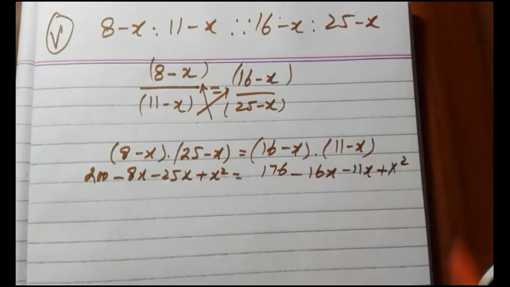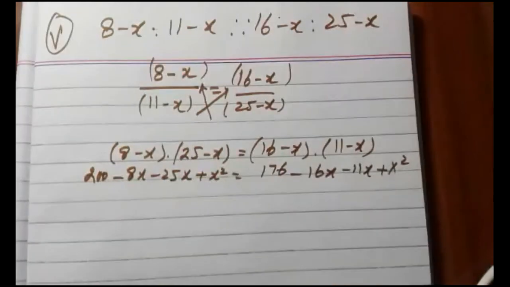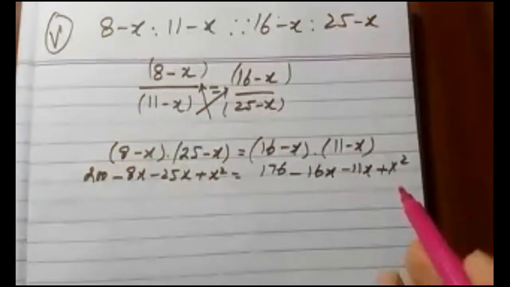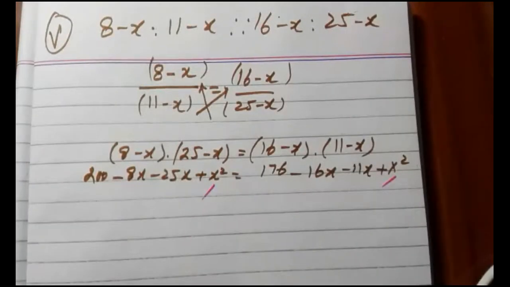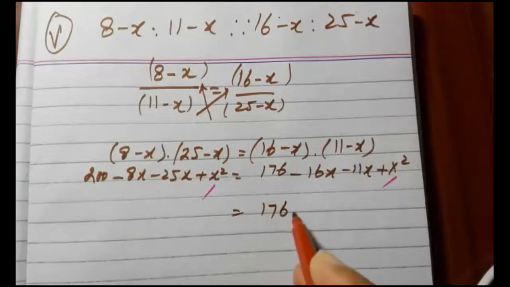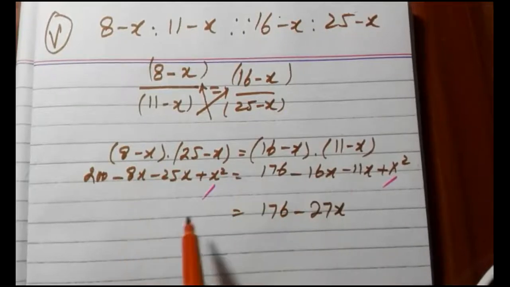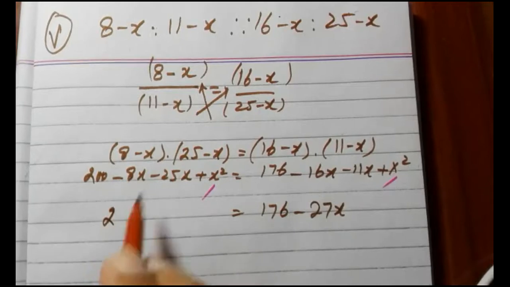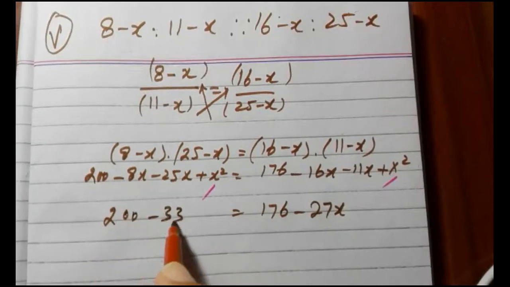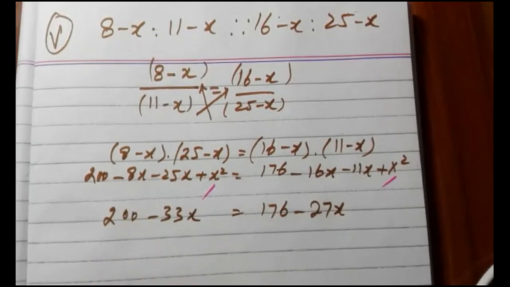So you can see that from both sides we can cancel terms, like x square will be cancelled by x square, so that we can reduce the working of the equation on both sides. So 176 minus this will become 27x. On the left-hand side it will become 200 minus 33x. So this is very much in terms of an equation.